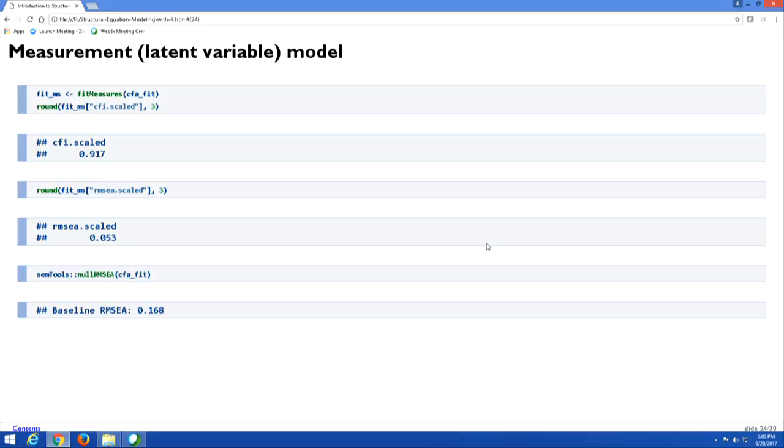So the comparative fit index is 0.92, so it's above the 0.9 threshold, which is at least adequate based on conventional criteria. But the root mean squared error of approximation is 0.05, which is pretty low. It's below 0.06, it's below 0.08, it's below 0.1.